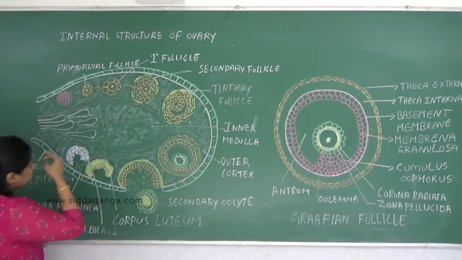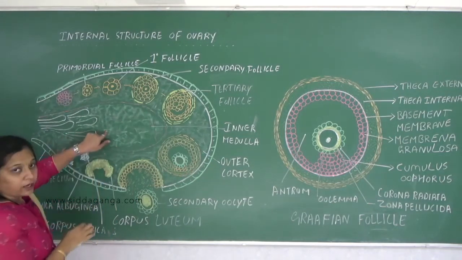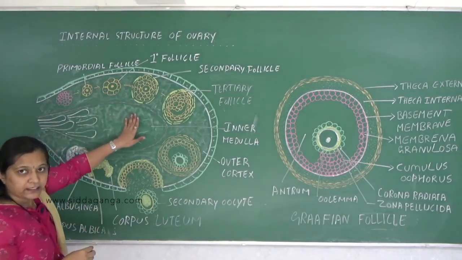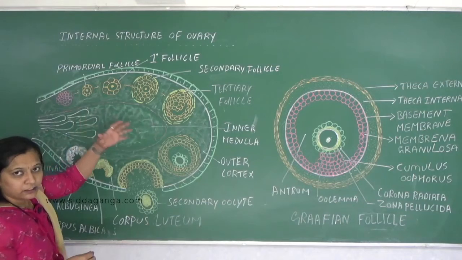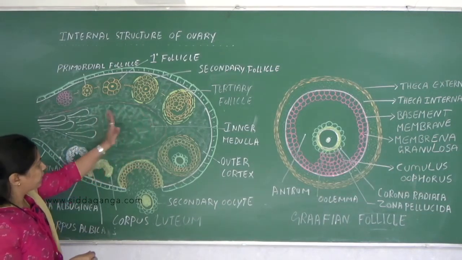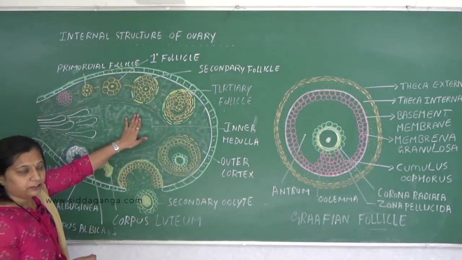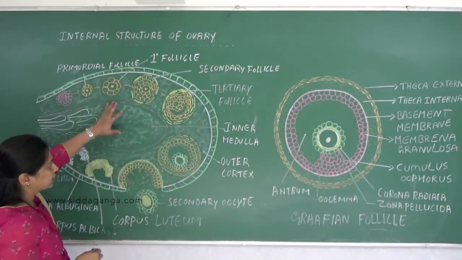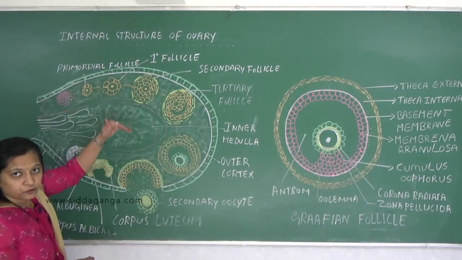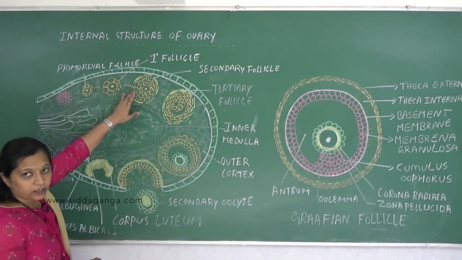When it comes to the inner medulla region, it has loose connective tissue, elastic fibers, blood vessels, nerves, lymph vessels, along with some smooth muscles also present in the inner medulla region. So you will come to know what is present inside the ovary, that it is differentiated into two zones. What is present in the outer cortex region?